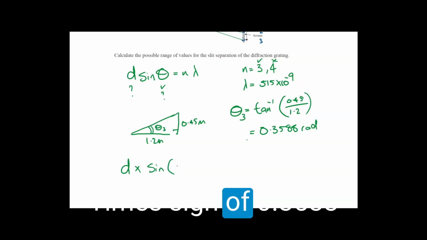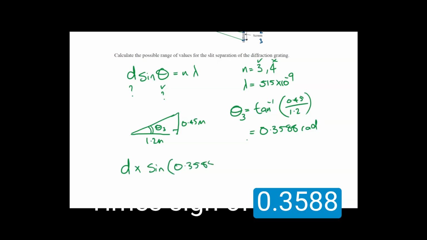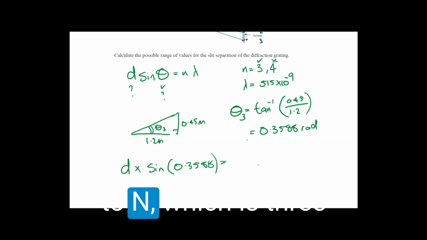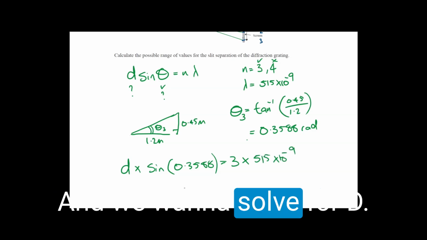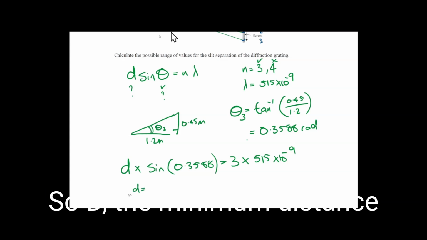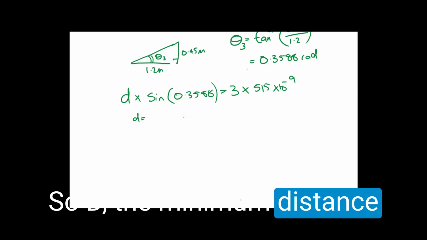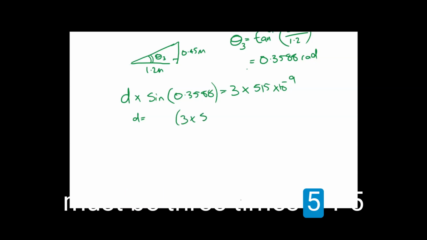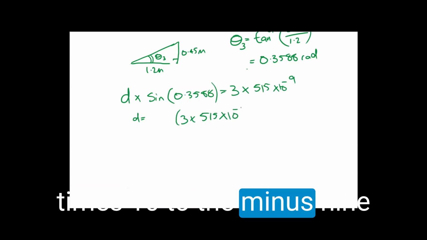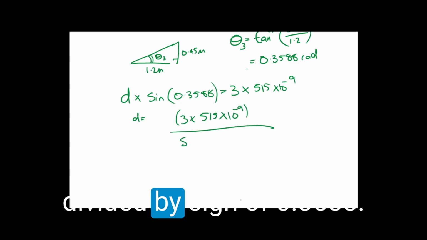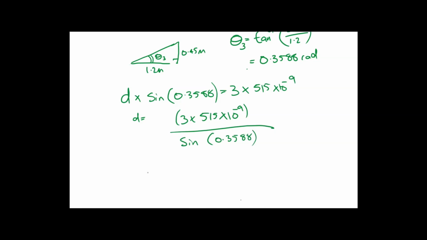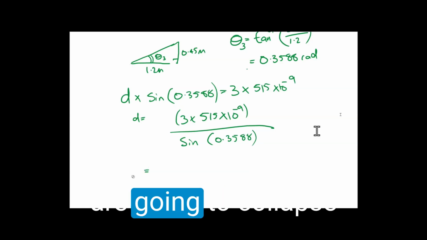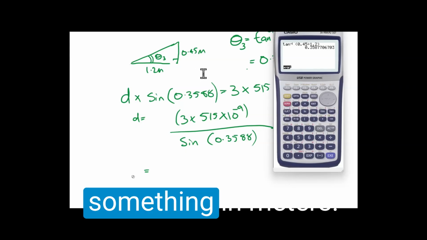D times sine of 0.3588 is going to be equal to n, which is 3, times the wavelength, 515 times 10 to the negative 9, and we want to solve for D. So D, the minimum distance, must be 3 times 515 times 10 to the minus 9 divided by sine of 0.3588. And all of the dimensions are going to collapse and we're going to get something in meters.